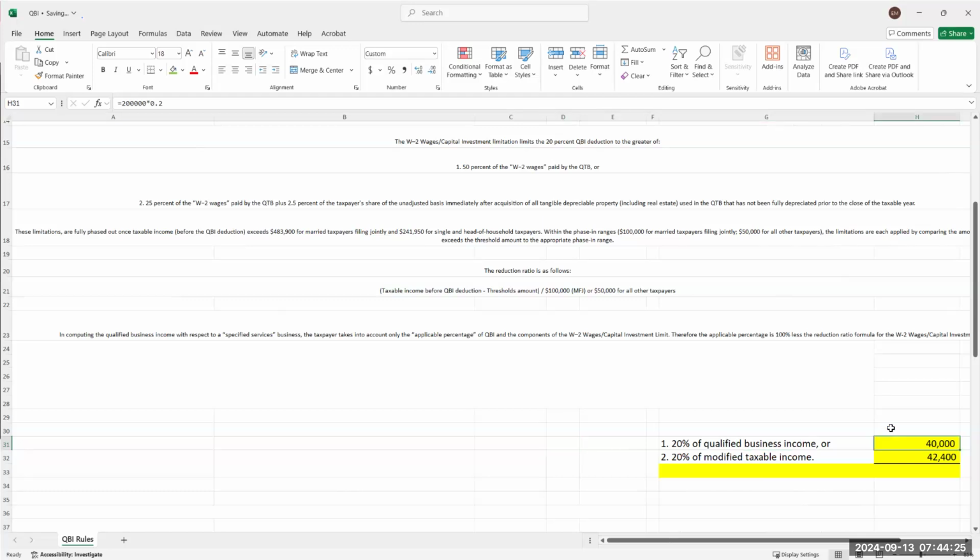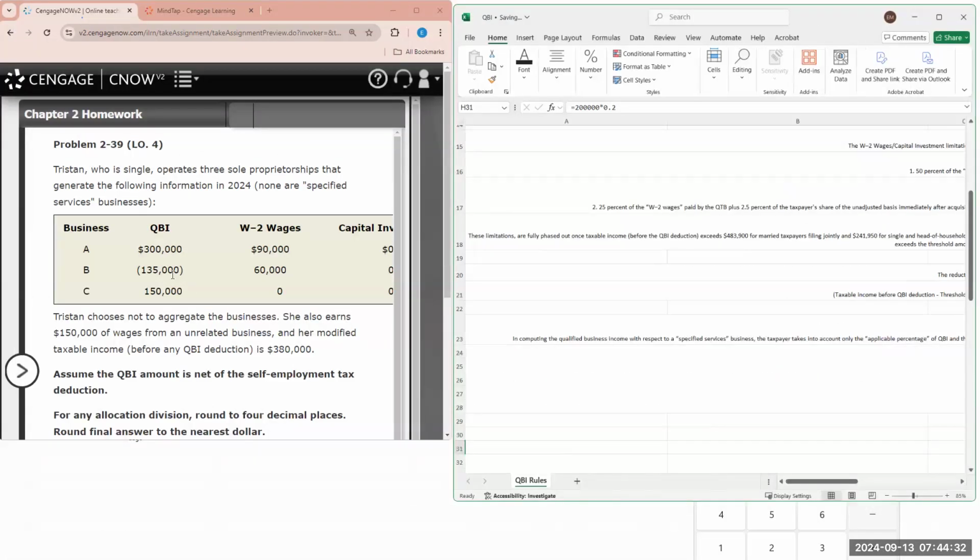All right, so based on this information, 20% of the QBI. And if we look at the problem, we see that business B has a loss. So it's not much that can be done here. So here we see the 300,000.